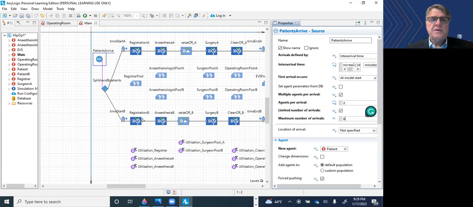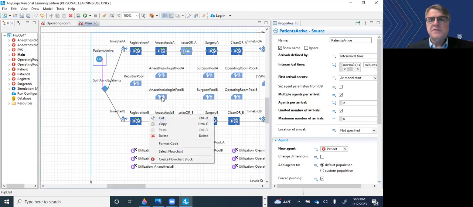Now, this is a system that's not really going to run at steady state, meaning it's not going to be operating at normal capacity for very long, because there's a warm-up period as patients come in the morning, and then toward the end of the day, you're flushing out the last folks, and you're not registering any new people after, let's say, 3 o'clock.